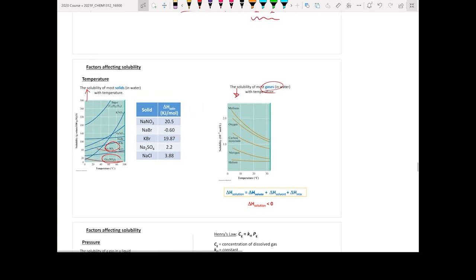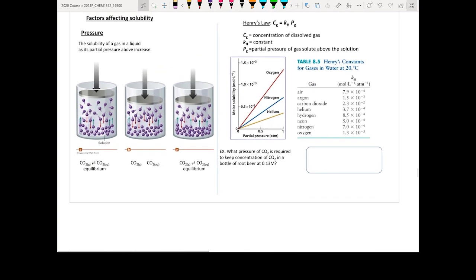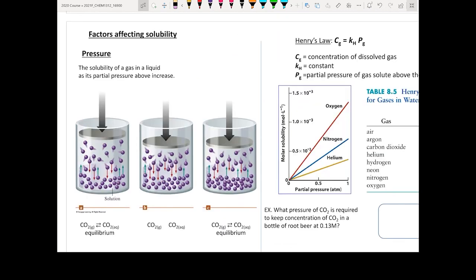All right, so the very last thing that we want to go through is the effect of pressure. How is pressure going to affect the solubility? The pressure doesn't have too much effect for the solid solute, but it has profound effects if your solute is a gas. The idea is very easy.